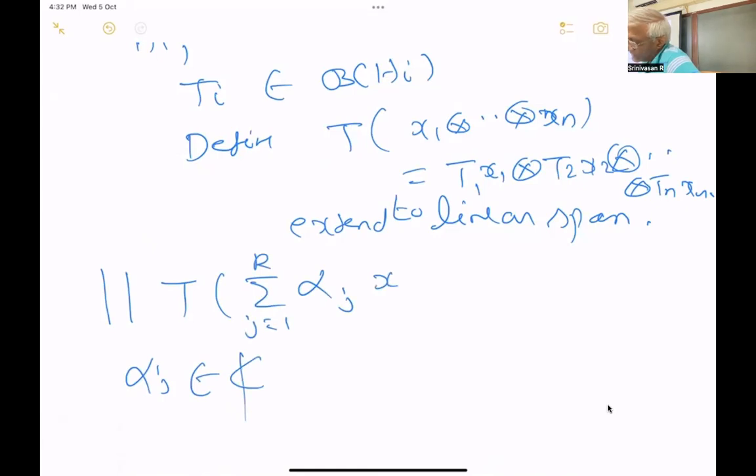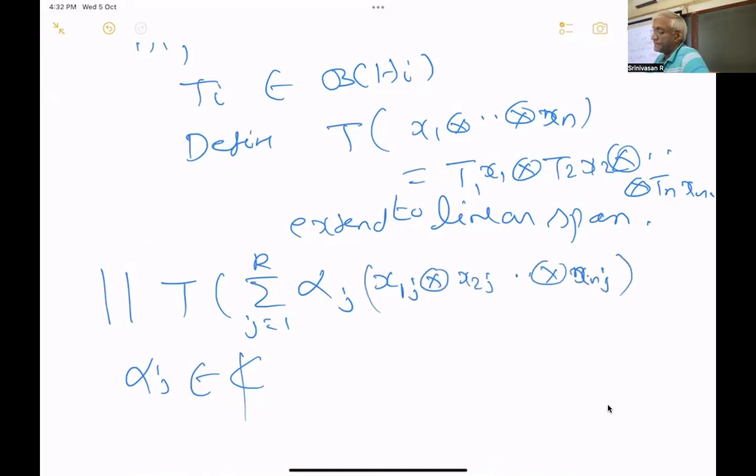The elementary tensors are different depending upon j: x_1^j tensor x_2^j up to x_n^j. Now we square, because we want to take the inner product. We can't work with the norm directly, so we have to take the inner product.